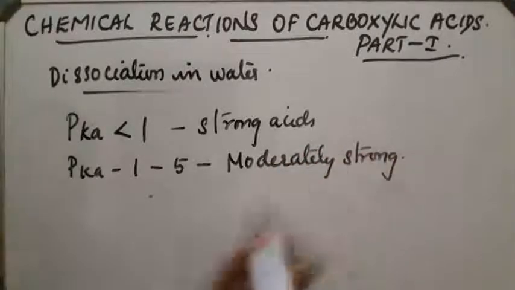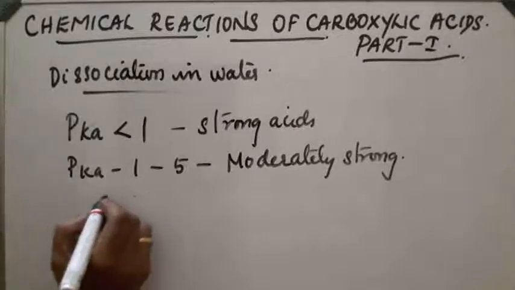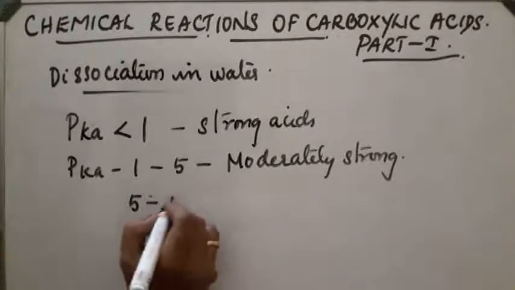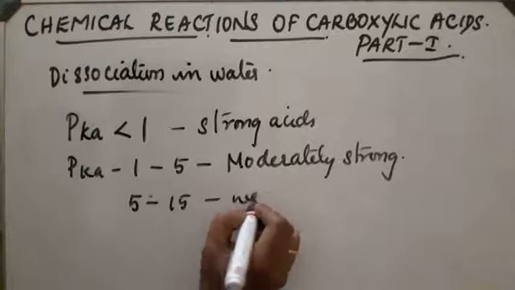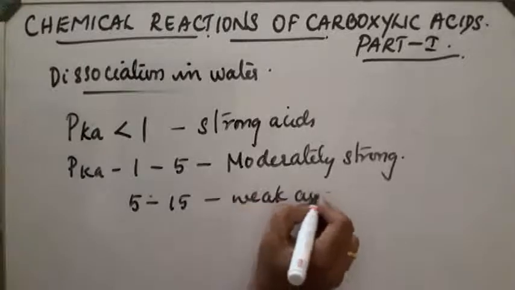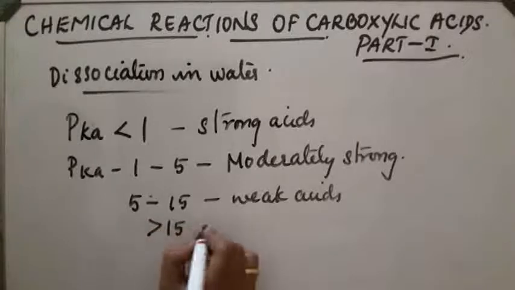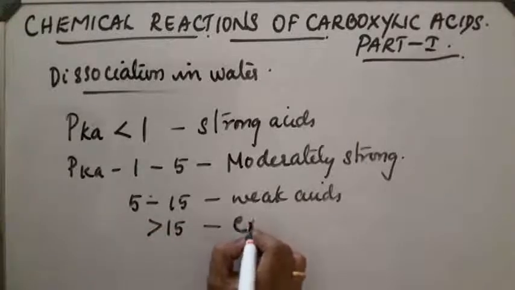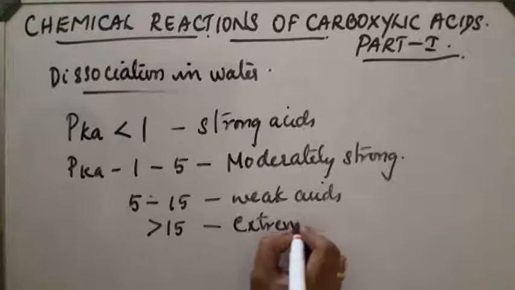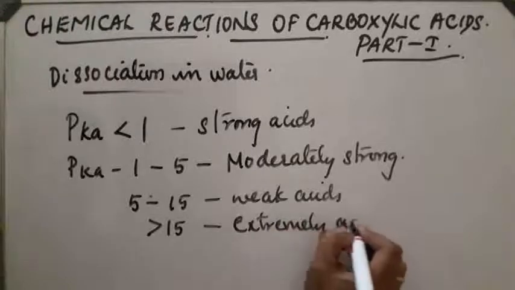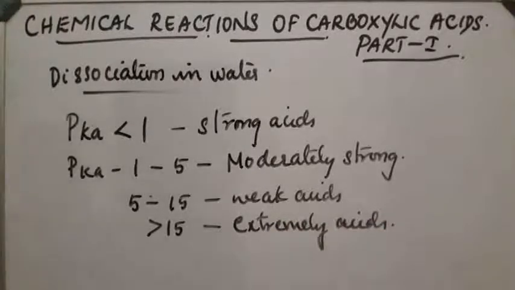If the pKa value is between 5 and 15, those acids are weak acids. And if it is greater than 15, they are extremely weak acids.